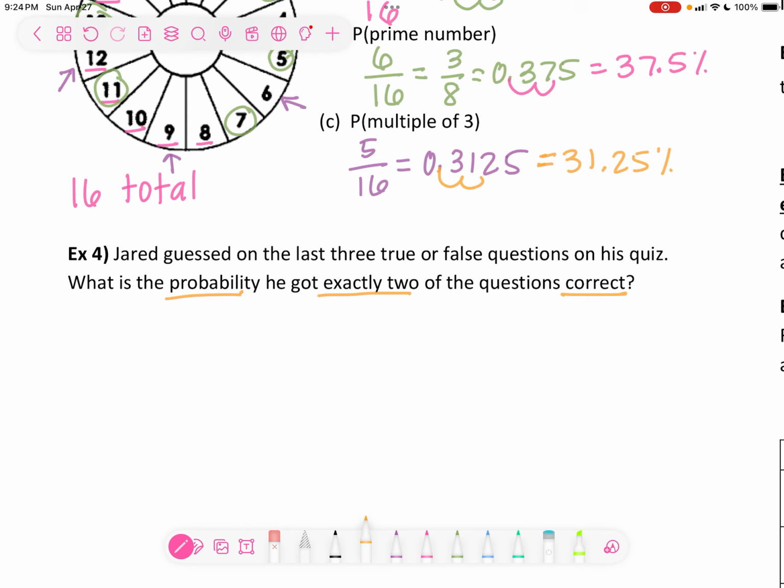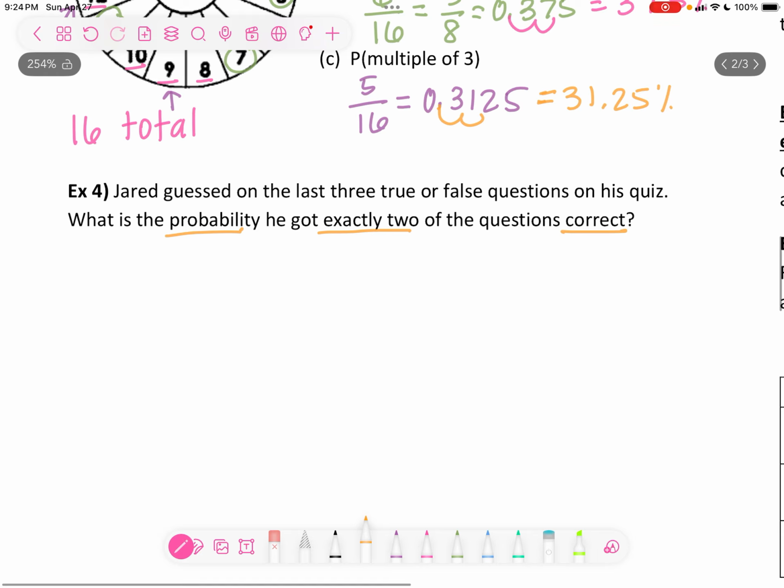So let's kind of look at the sample space for this by using a tree diagram, kind of like we did earlier in the notes, okay? So the first time he answers, his first answer, he either got a correct answer or an incorrect answer, okay? That's the choice.